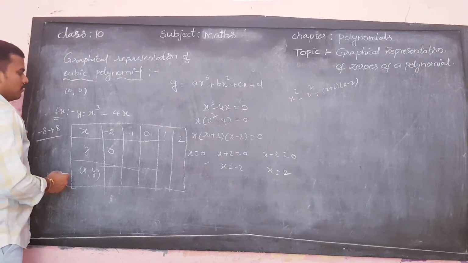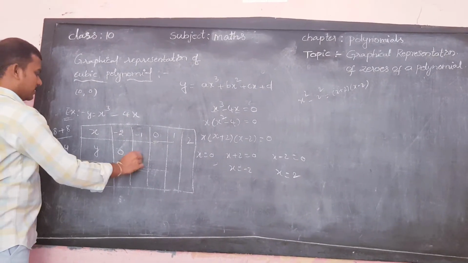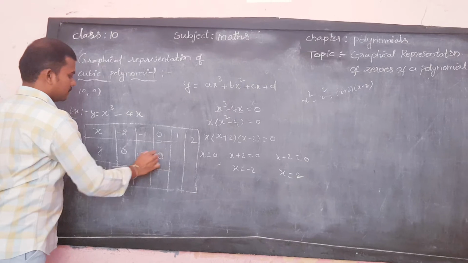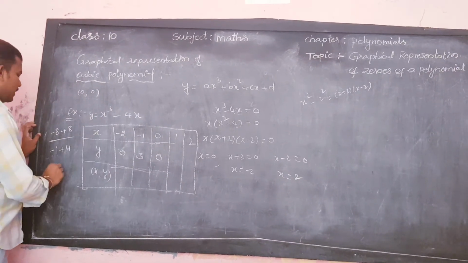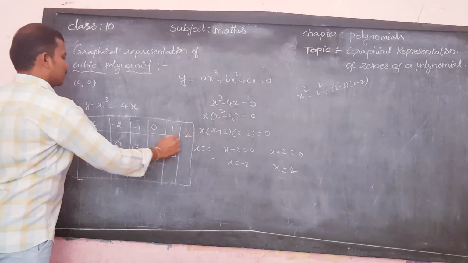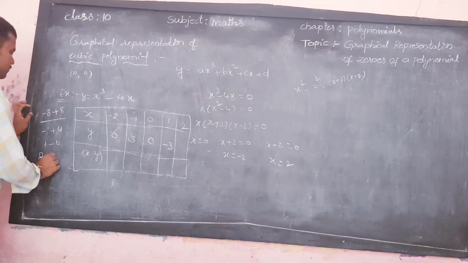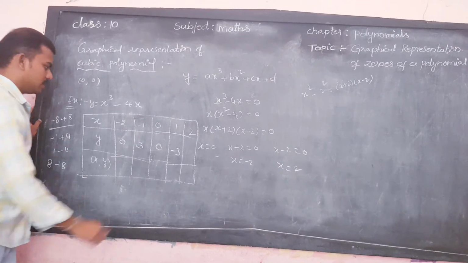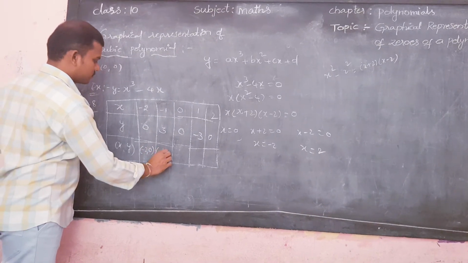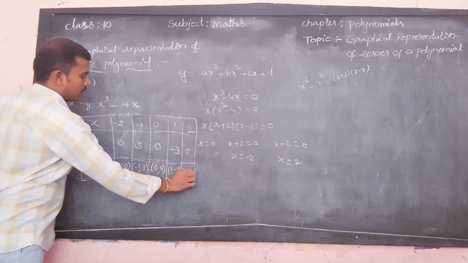Minus 1 cubed minus 4 into minus 1 plus 4 equals 3. Substituting 0, the value is 0. Substituting 1: 1 cubed minus 4, so we get minus 3. Taking 2 in place of x: 2 cubed is 8 minus 4 into 2, 8 minus 8 is 0. So the pairs of x and y are minus 2 comma 0, minus 1 comma 3, 0 comma 0, 1 comma minus 3, 2 comma 0.